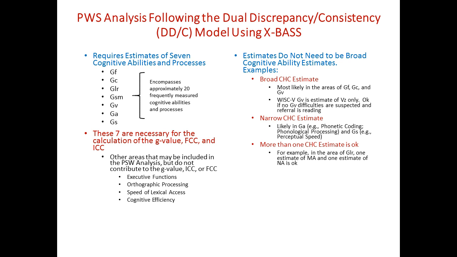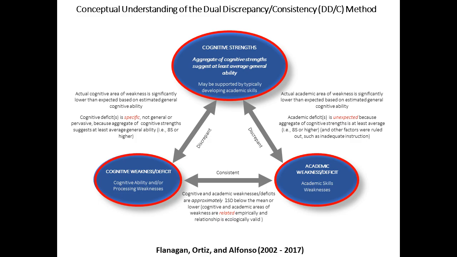So there's more flexibility there than I think people realize, especially those who have been doing cross-battery assessment for a while. And I hope to be able to demonstrate some of that with the case study.